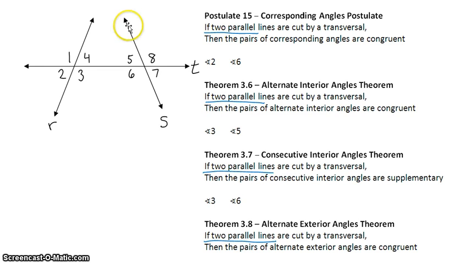The lines that need to be parallel are the lines that are cut by the transversal. If I take the exact same picture that I had and I make R and S parallel to each other, then I can use all of these theorems and postulates.